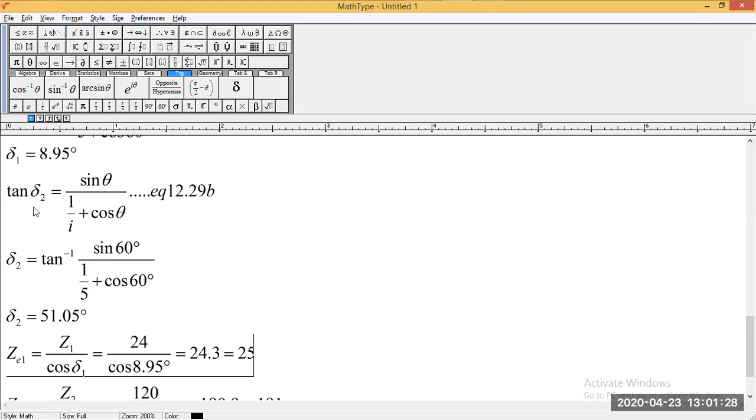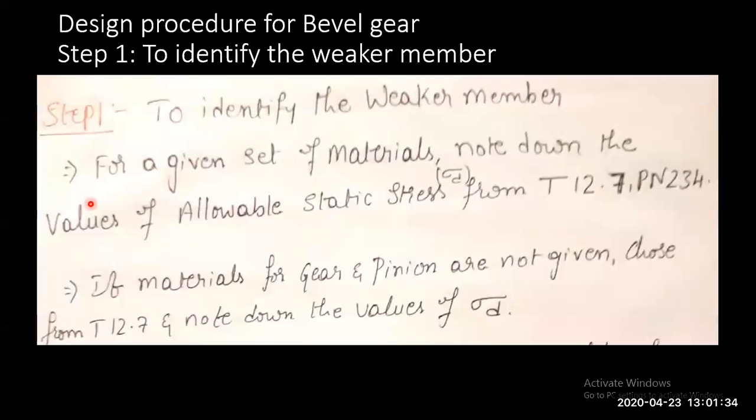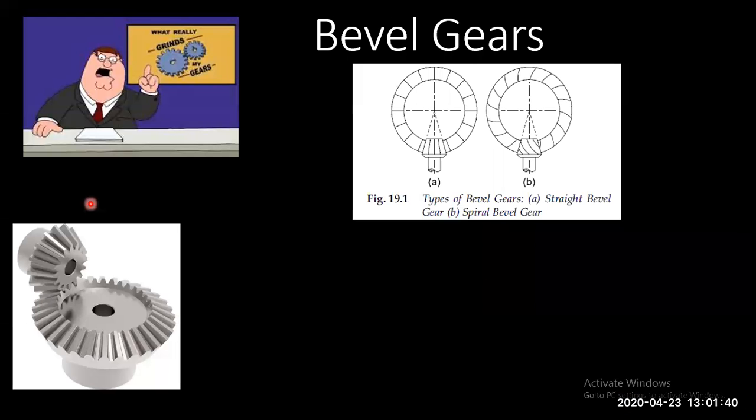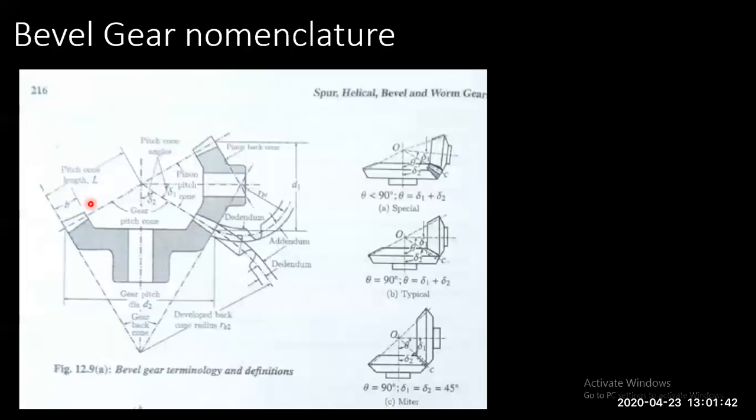So this delta 1 and delta 2, I'll show you in the PPT where it is. Go back to introduction. I had put that. Oh yeah, it's here. See, this is delta 1. So delta 1 is the angle between this meshing teeth here and the axis of the pinion.